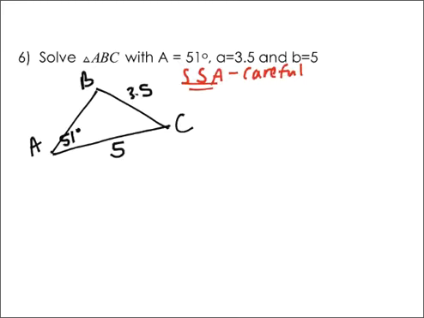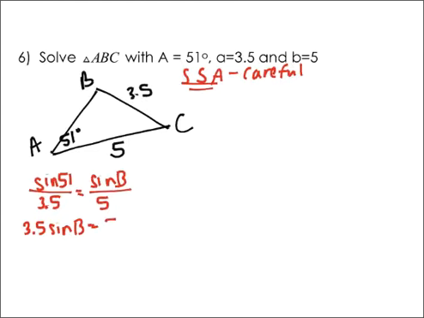All right. Given angle A, I'm going to do the sine of angle A, which is 51, over side A, which is 3.5, equals sine of angle B over side B, because I was given side B. Cross multiply, and we get 3.5 sine B equals 5 times the sine of 51.